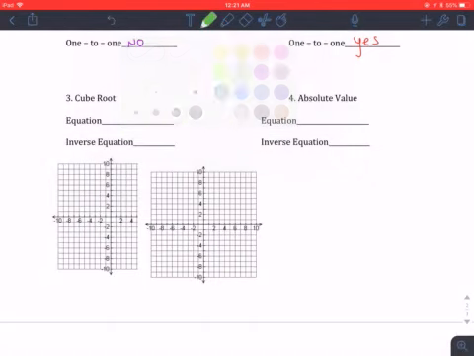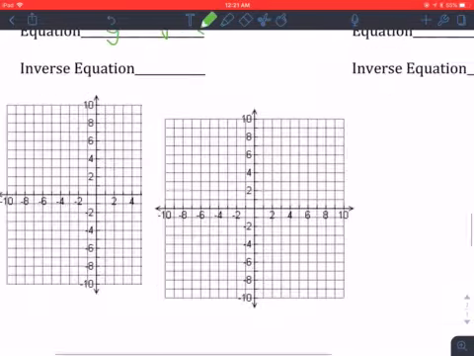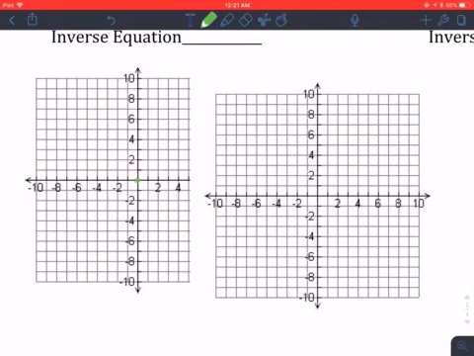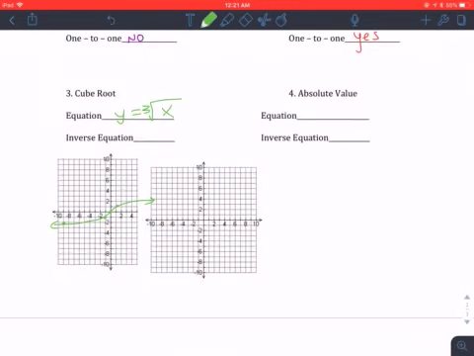Okay, let's do the cube root function. y equals the cube root of x. It graphs a little bit funky, but it looks something like this. Alright, so there's our cube root function, and our inverse ends up being the cubic function. You can do the math and check that.